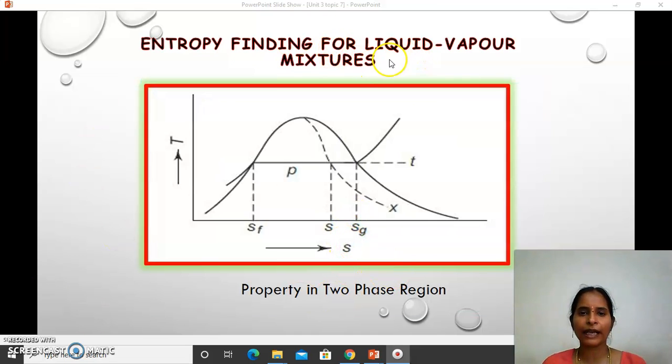And for liquid-vapor mixtures, between this region, I told you this is our important region between liquid and vapor.